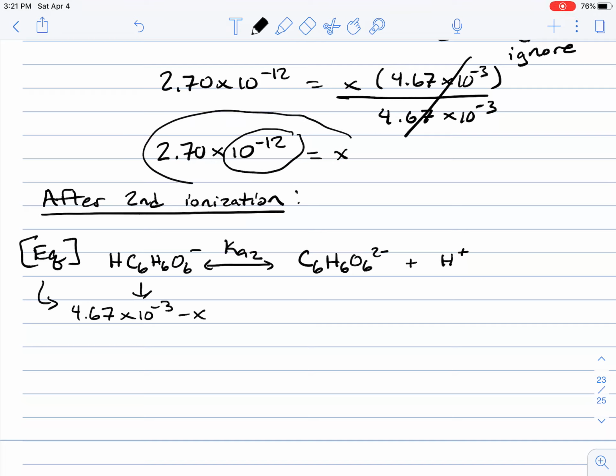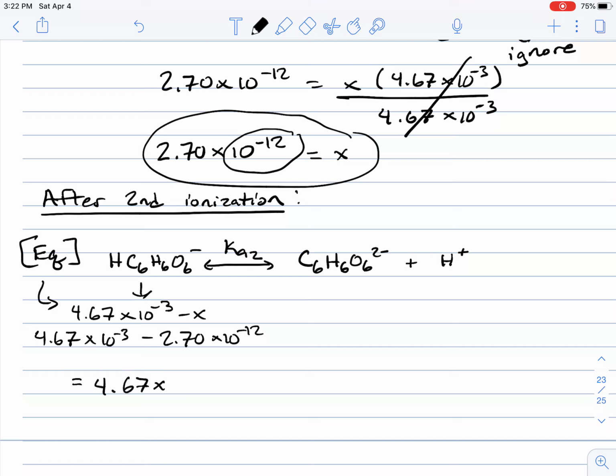And so if x is this value, then we have 4.67 times 10 to the negative 3 minus 2.70 times 10 to the negative 12. And if you plug that into your calculator, what you get is 4.67 times 10 to the negative 3 molar. And so this is the equilibrium concentration of the conjugate base of ascorbic acid.